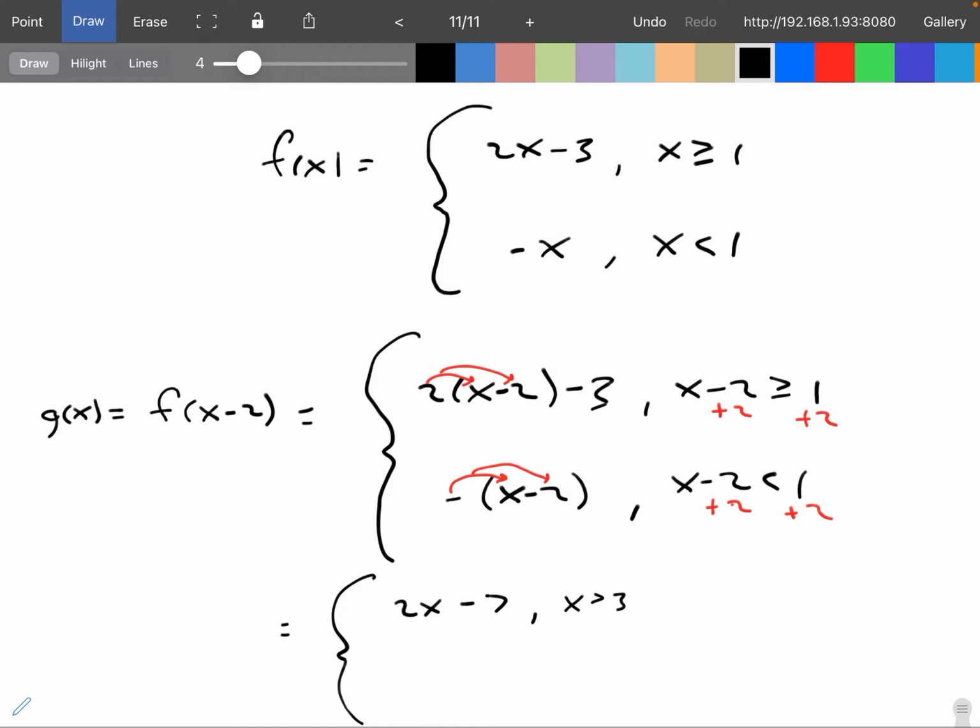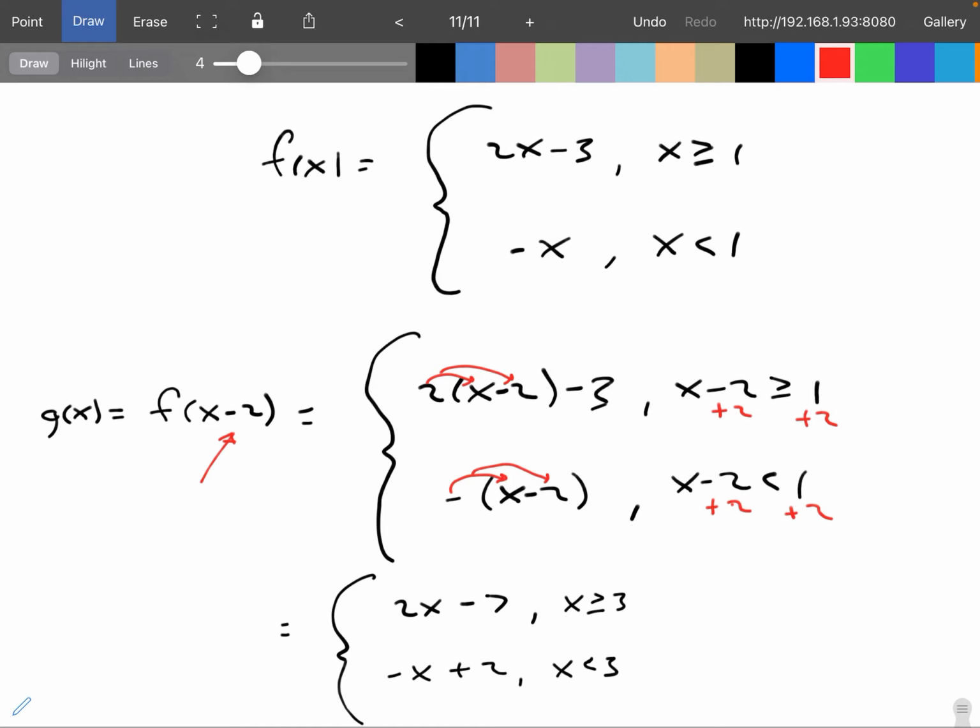And if we solve that inequality on the right there, that would become x is greater than or equal to 3. And then the bottom branch, we're going to distribute that negative, so that gives us negative x plus 2. And that would be where, oh, I forgot the equal to bar there, that would be where x is less than 3.